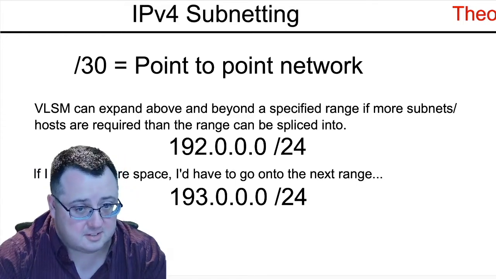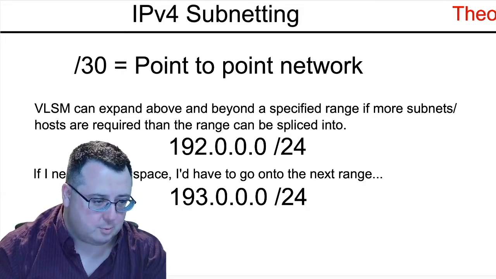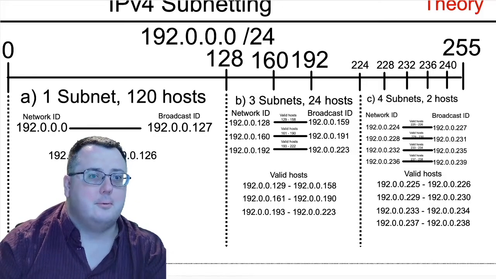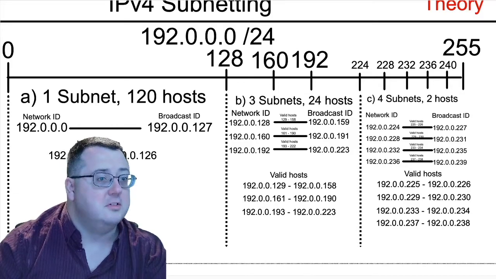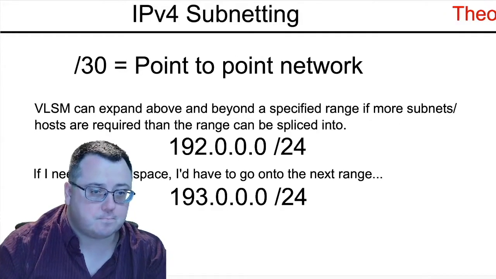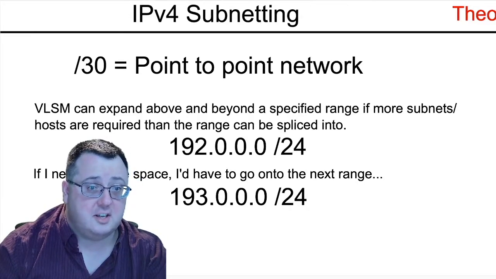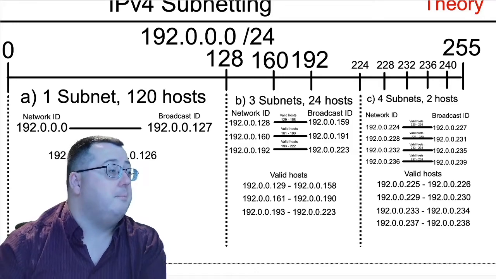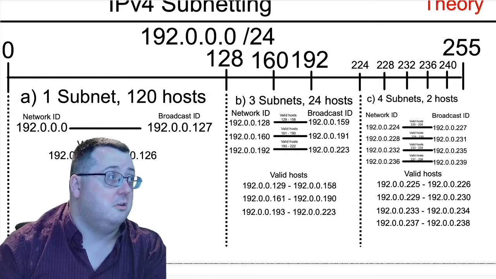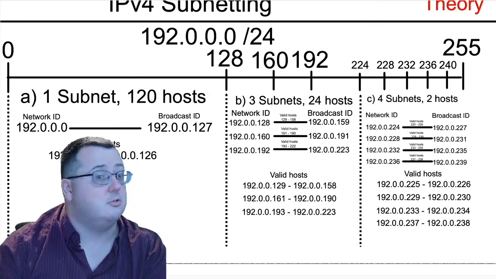So for instance, that range of 192.0.0.0/24, we were able to fit all 3 requirements into that one range. However, if I needed more space, i.e., let's say the question said we want 3 subnets with 120 hosts, then you would have one subnet between 0 and 127.